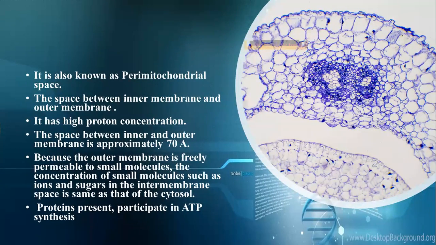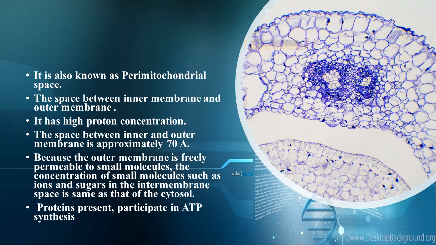The next slides, you see the location of the intermembrane space. It's the space between the inner membrane and outer membrane of the mitochondria. It has a high proton concentration. The space between inner and outer membrane is approximately 17 nanometers.